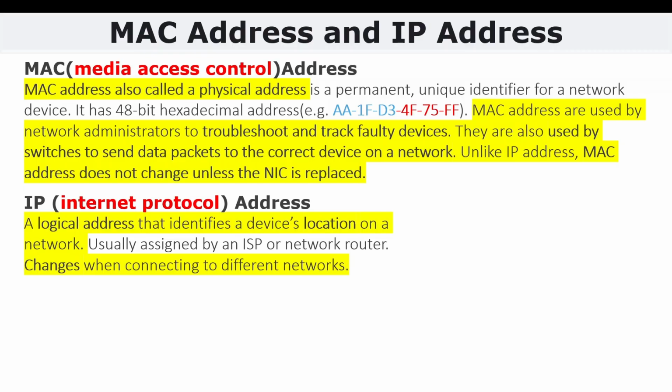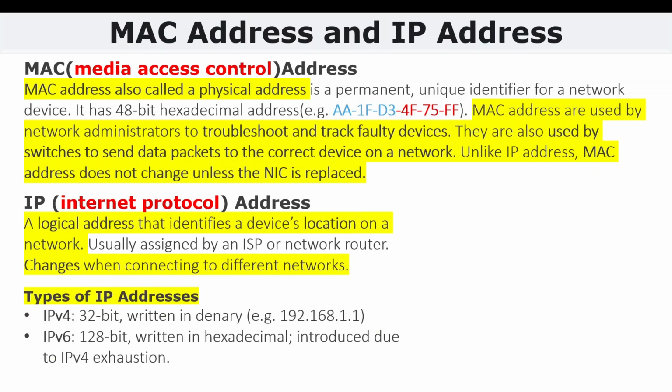So the IP address changes and helps to identify your location on the network. That is it for IP addresses. There are two versions of the IP address: IP version 4 and IP version 6. IP version 6 was introduced because IP version 4 has been exhausted.